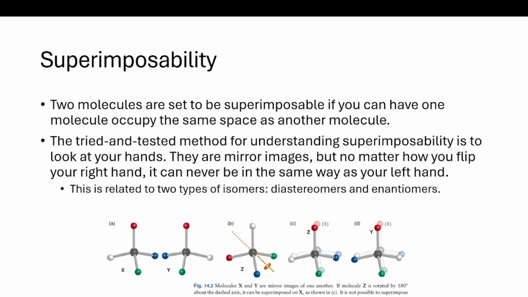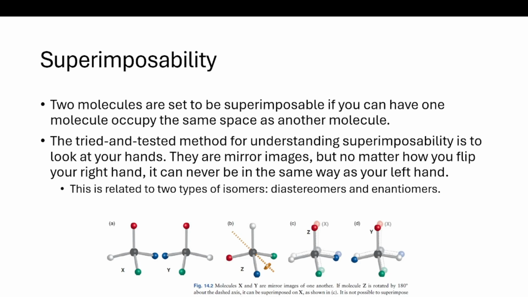Now, the next concept I wanted to talk about is superimposability. What do I mean by superimposability? Simply put, two molecules are superimposable if you can have one molecule occupy the exact same space as the other. A good way to understand superimposability is to look at your hands. I have my left hand and my right hand, and these hands are mirror images.